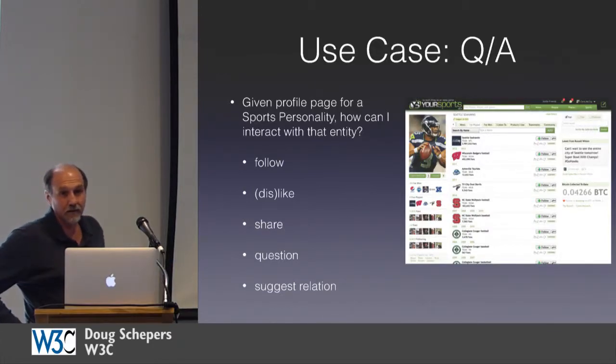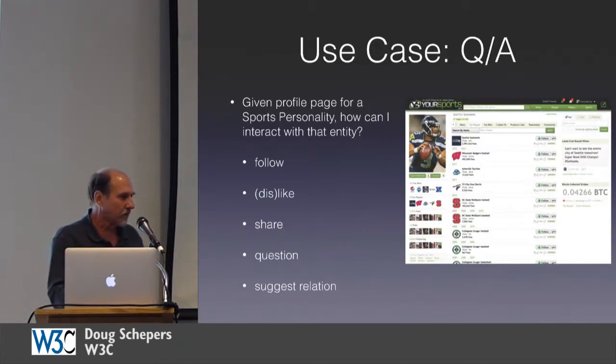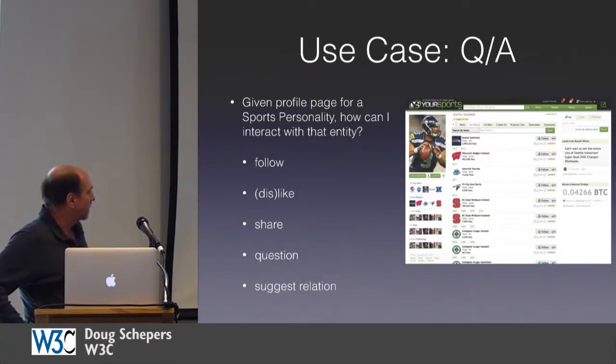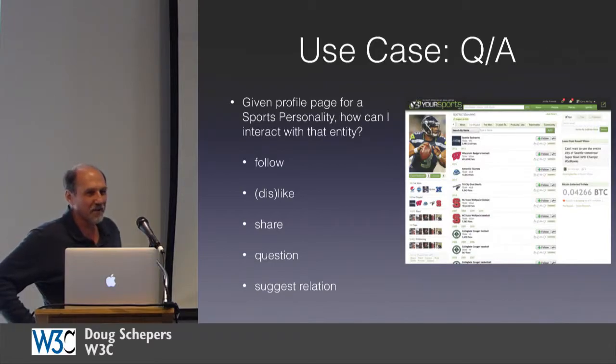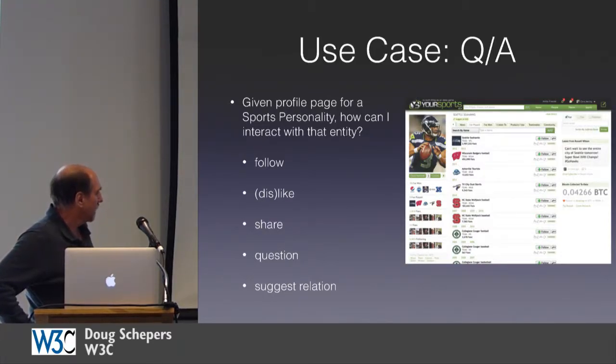I want to like, along some spectrum of like and dislike. As sports fans, people can become quite animated about actively disliking or being an unfan of some player. Sharing content, asking questions, suggesting relationships.